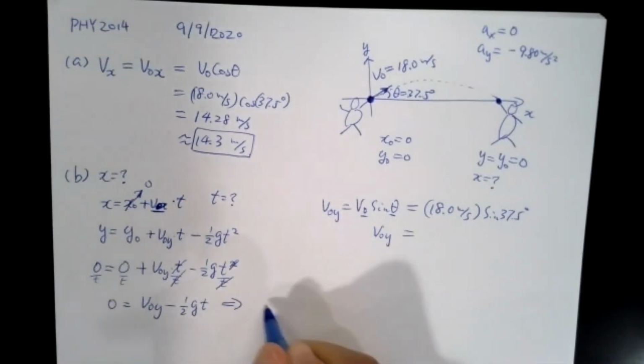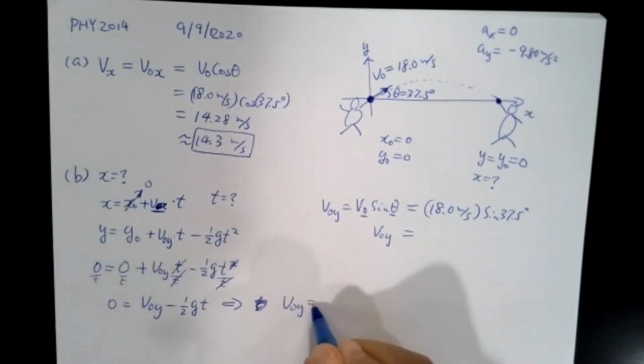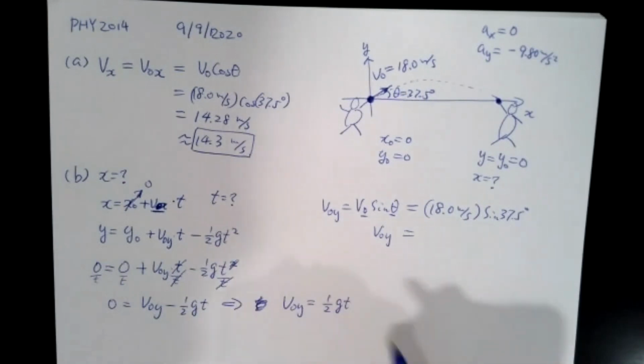So from here, if I solve for t, a couple of steps of algebra. If this minus this gives you zero, that tells you these two are equal to each other, because only the same numbers, if you subtract one from the other, give you 0.